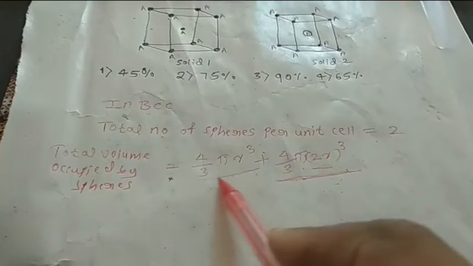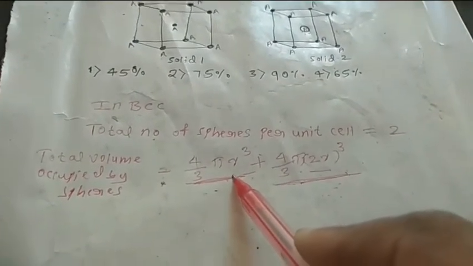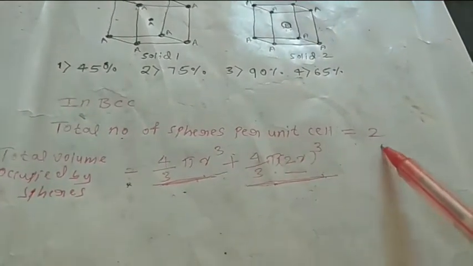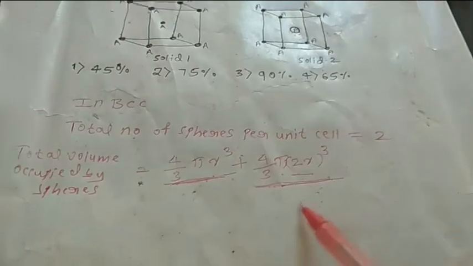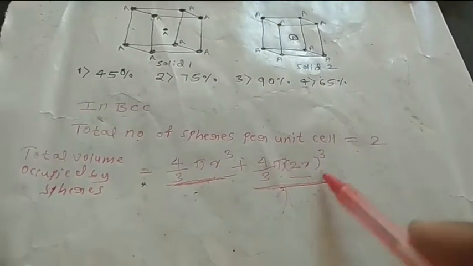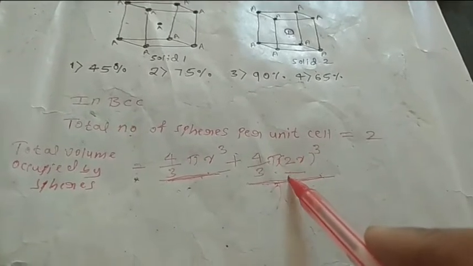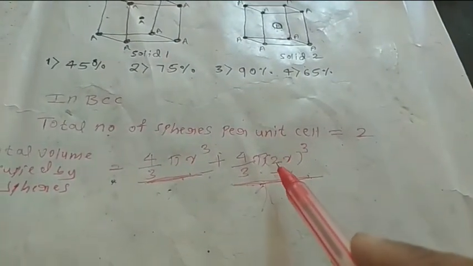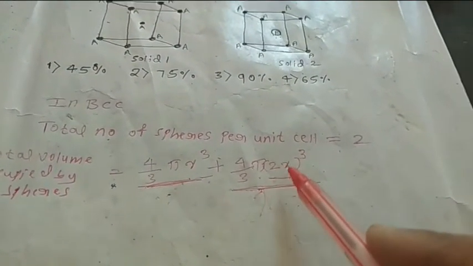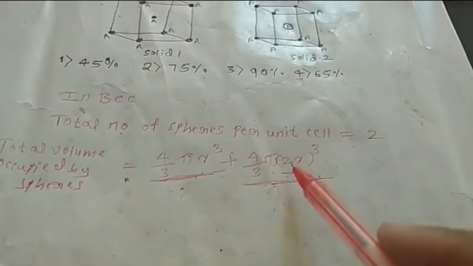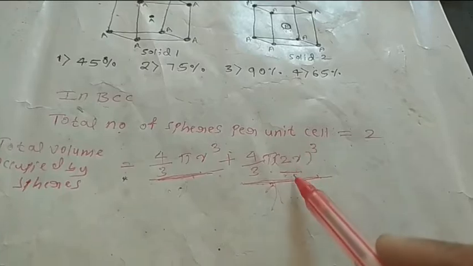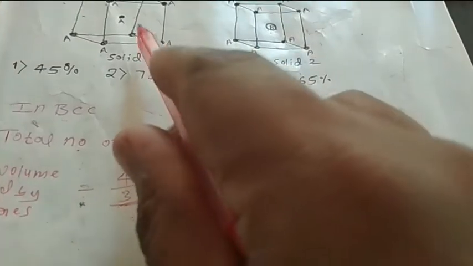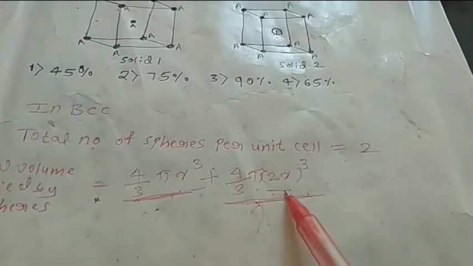This volume is the volume of the sphere formed by corners' contribution. Total number of spheres is 2. This is the volume of one sphere, this is the volume of one more sphere. Here this volume is due to the sphere at the center. So I changed the radius from r to 2r, because in the question it is given that the radius of the sphere at the center is twice that of A.